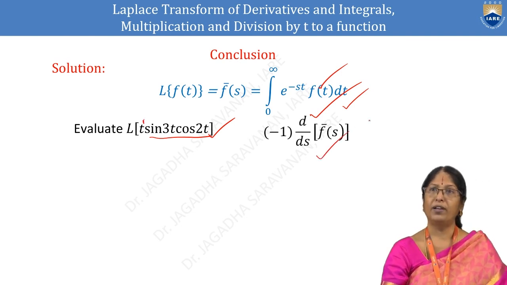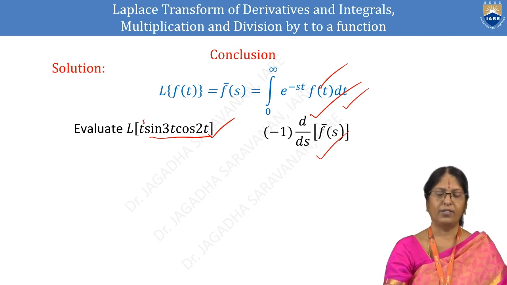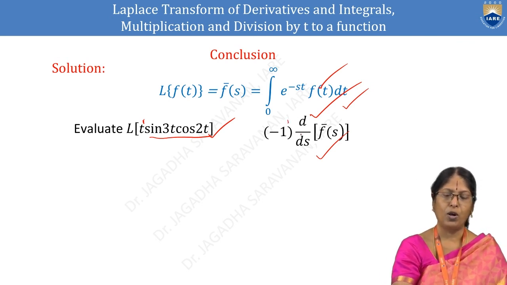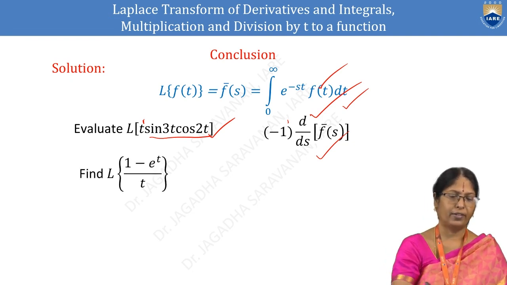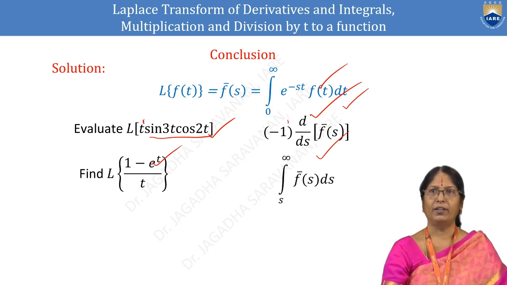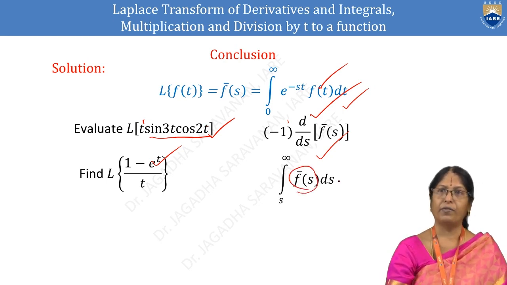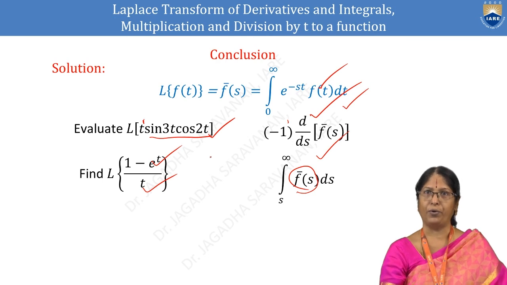This is the formula, where t power is 1, that is the reason for minus 1 power 1. One time we did the differentiation. Next, when f of t is divided by t, then L of f of t we do as an integral from s to infinity.